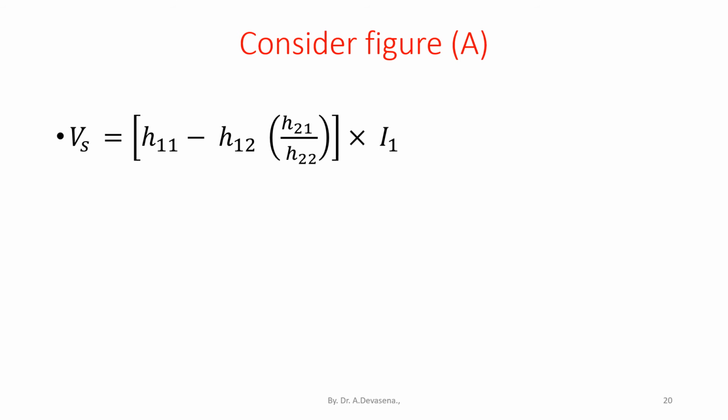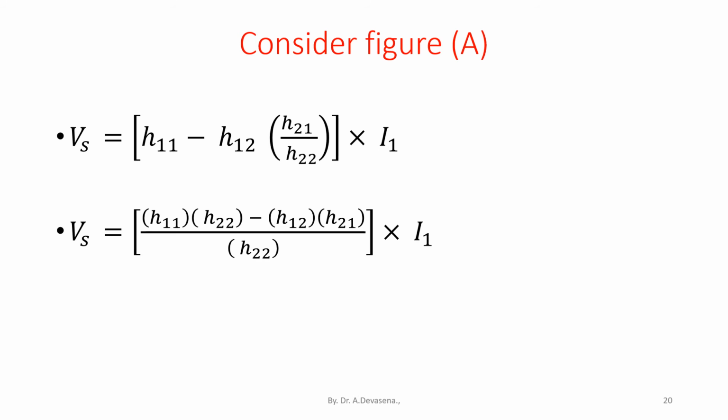And Vs is equal to, open the bracket, h11 minus h12 into h21 divided by h22, close the bracket, into I1, because we have taken the term I1 as common.